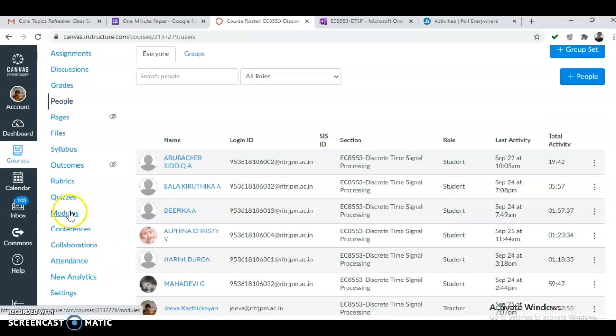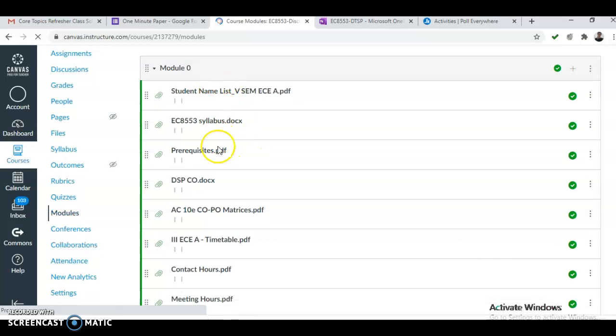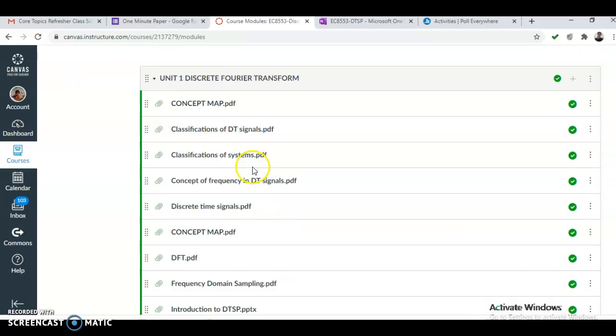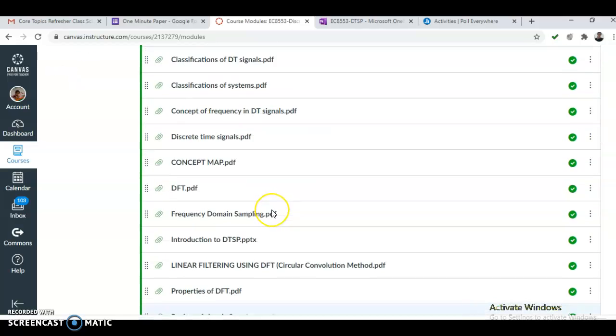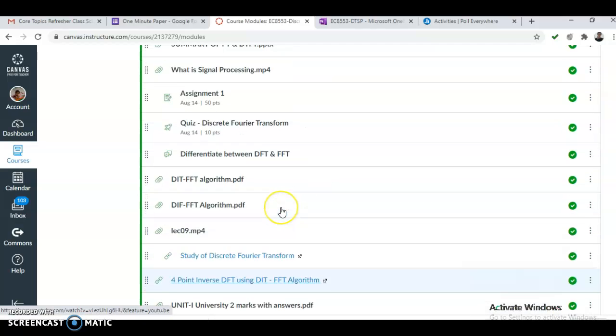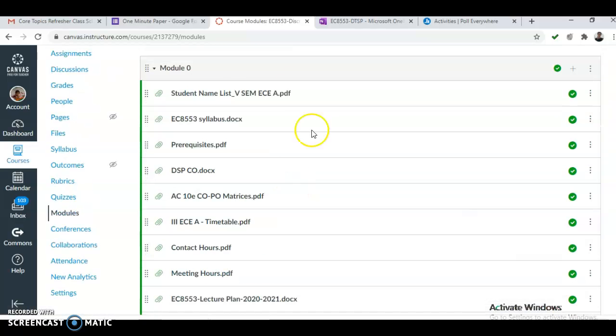Then I will show the modules. Module 0 consists of some basic documents, and the remaining modules are split as unit 1, unit 2, like this. I have also included previous year question papers and IUCEE question papers for students' reference.